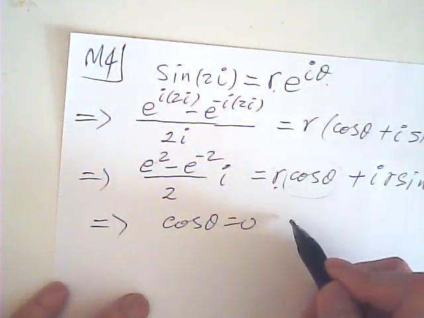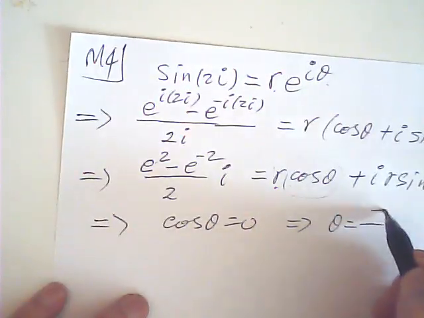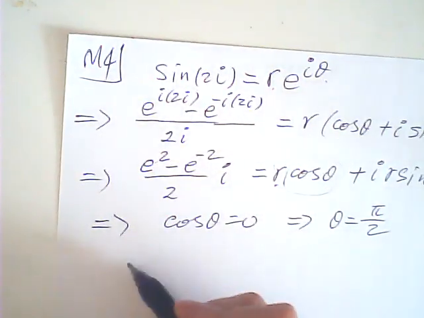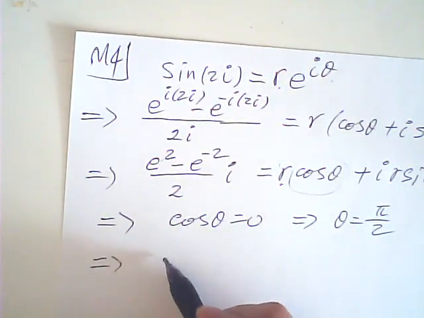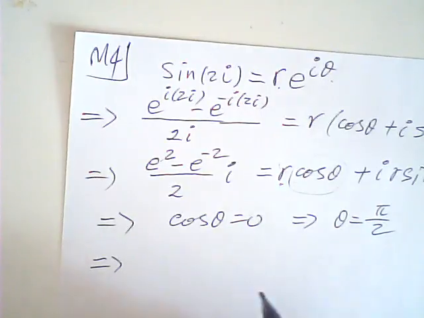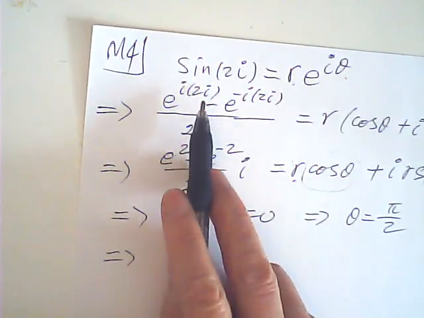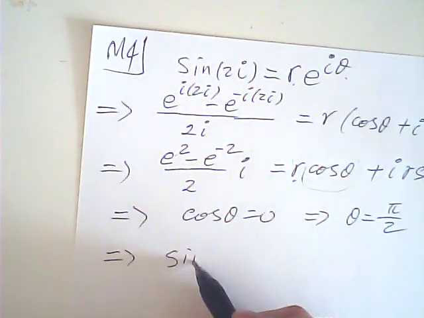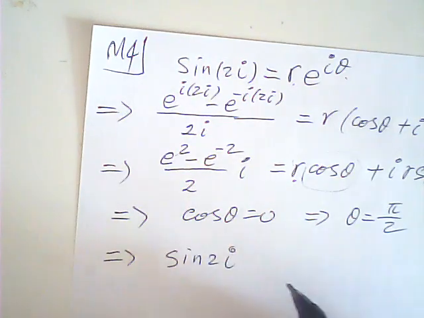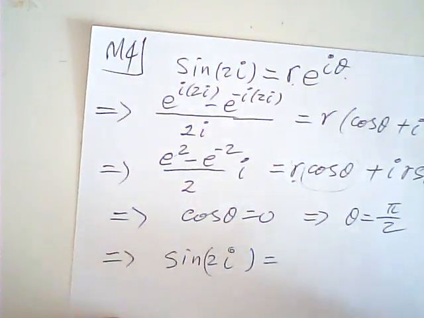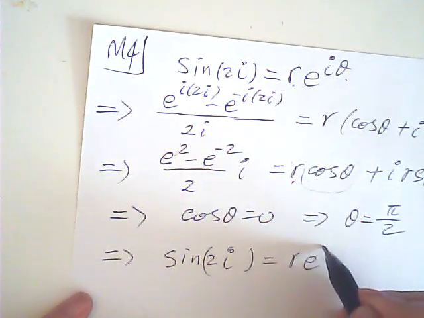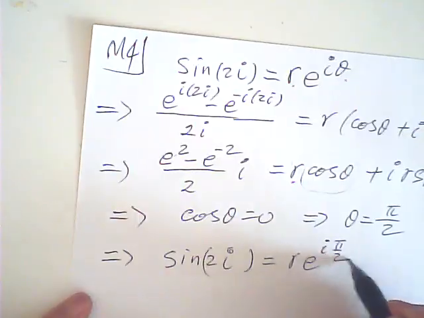Now, it means that theta is equal to half pi, right? Which means sine 2i is equal to r times e to the i half pi.